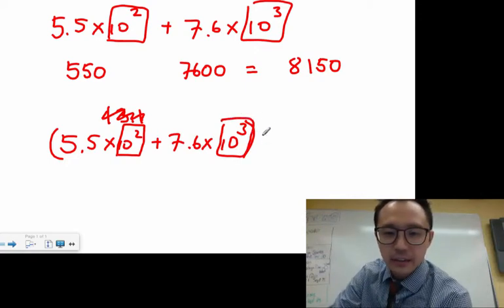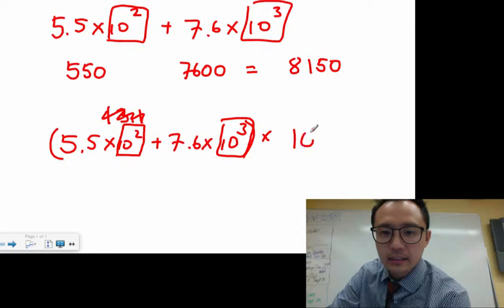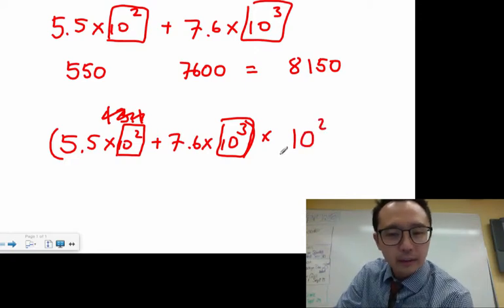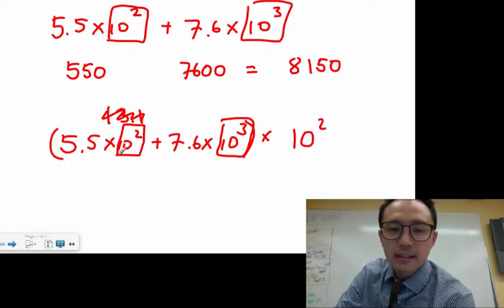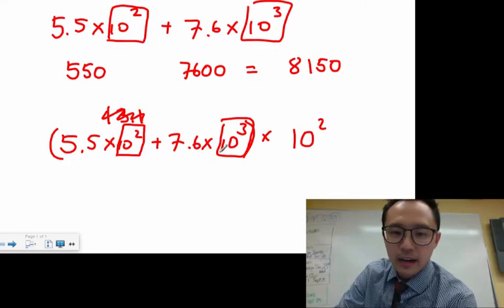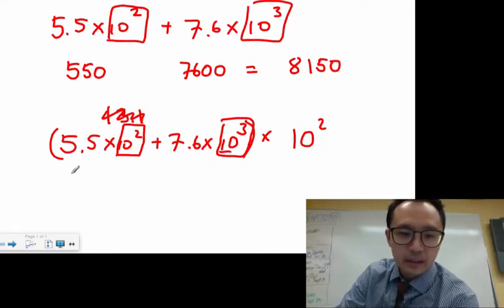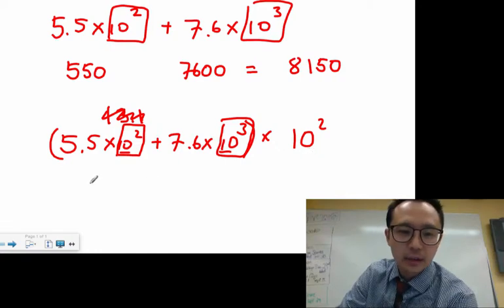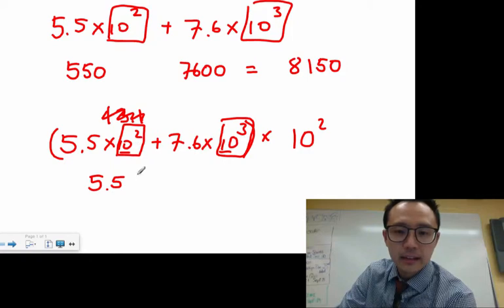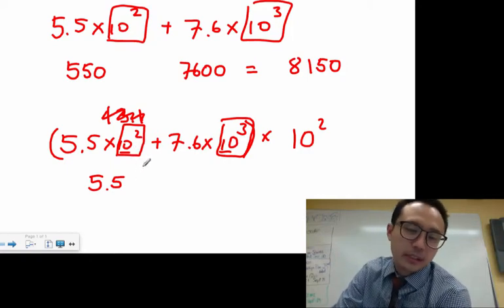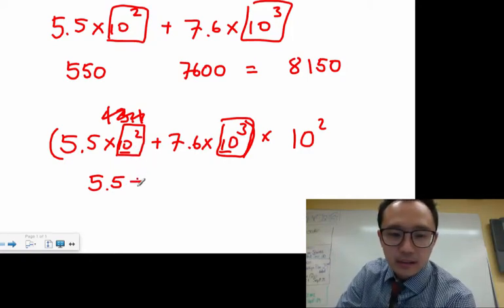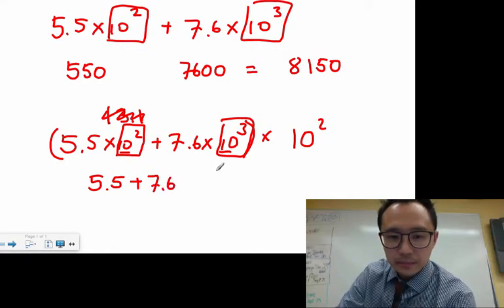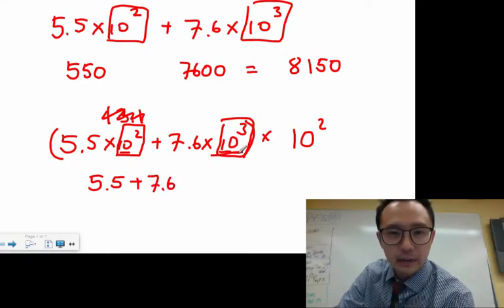So you're going to factor, let's say, 10 to the 2. When you factor, basically you're just dividing this by this, and dividing this by that as well. Since this 10 to the power of 2 is divided by 10 to the power of 2, you're just going to get 5.5 times 10 to the power of 0, plus 7.6, and you're factoring this 10 to the power of 3 by 10 to the power of 2.